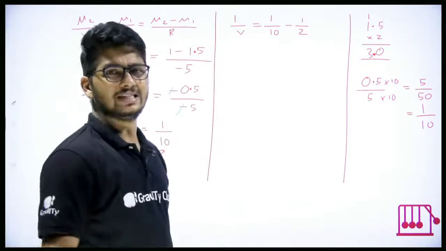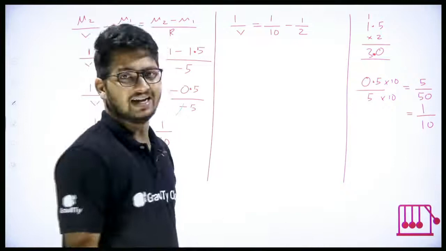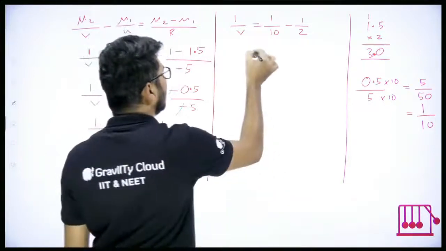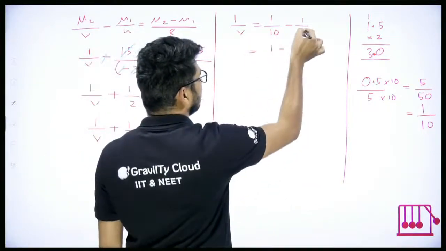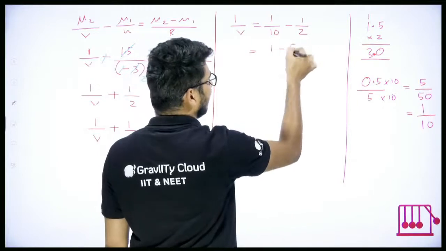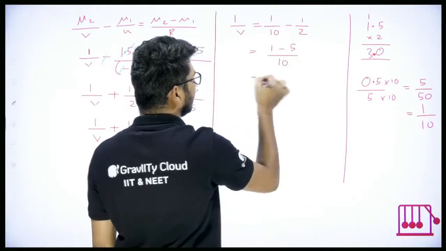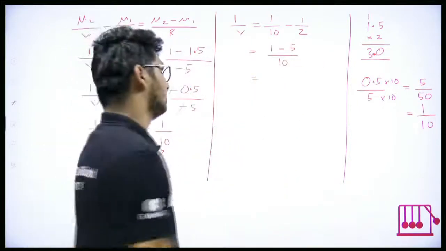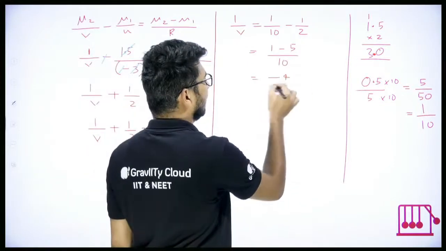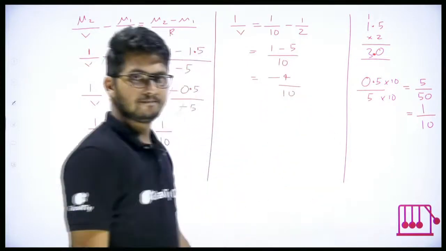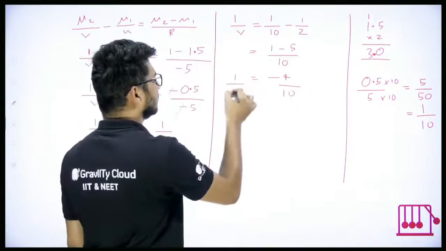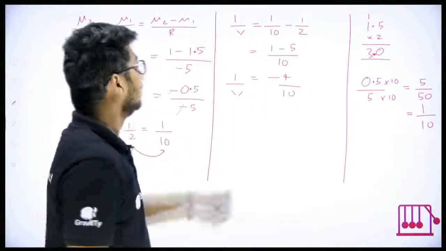Then you have to take the LCM of denominators. 10 and 2, LCM will be 10. So 1 minus 2 into 5, right? So 1 minus 5 by 10. What is 1 minus 5? Minus 4. Minus 4 by 10. Now is this the answer? No. Because what did we get?